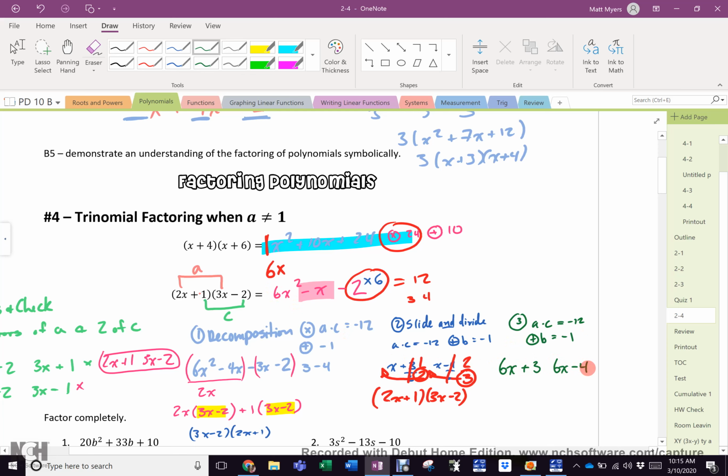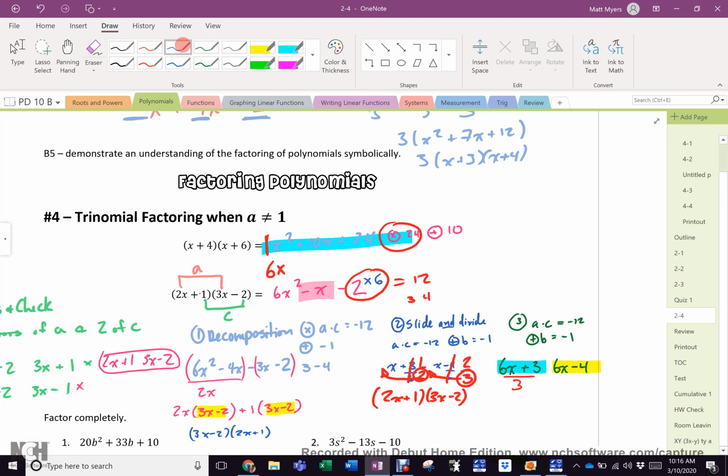Now, the reason I don't like this is because of the step we're about to do. Would you ever leave that binomial in my class? Why not? It's got a GCF of what? 3. Agreed? Would you ever leave that binomial in my class?